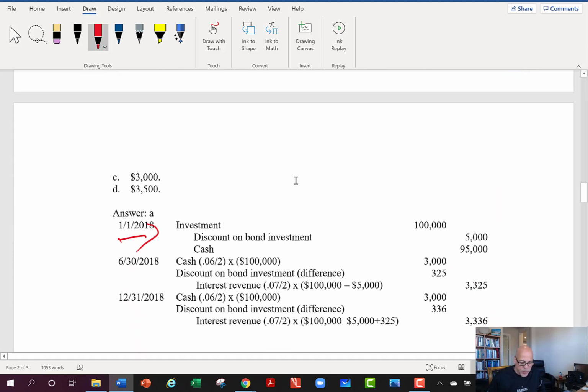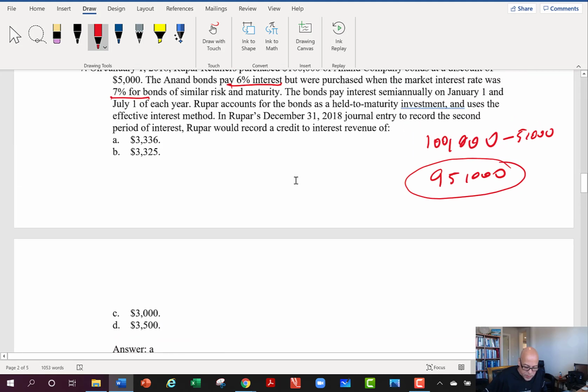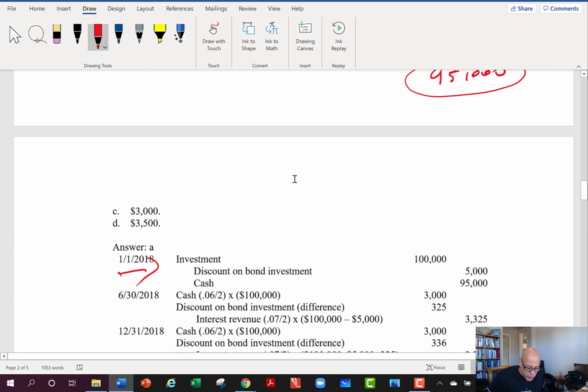You're going to have plenty of time when you're working my exam. Just work through the journal entries. So they're asking me the 12/31 journal entry, but there would have been a journal entry because it's a semi-annual bond, so there would have been one on July 1st, or June 30th, whatever.